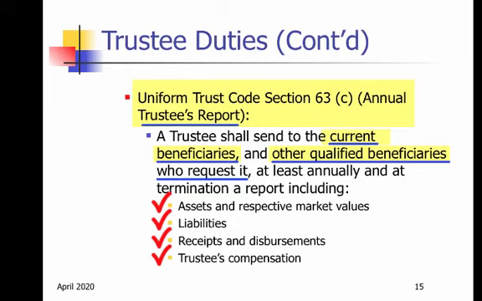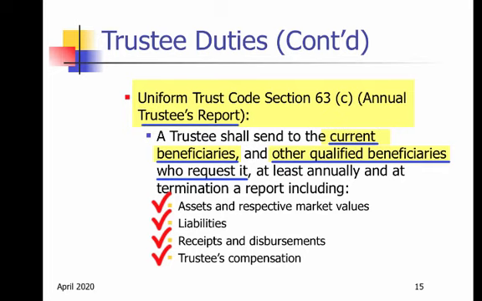Qualified beneficiaries include current beneficiaries and other beneficiaries who are entitled to receive trust distributions at the time of a future event, such as the death of the income beneficiary, determined as if the future event occurred at the moment in question.